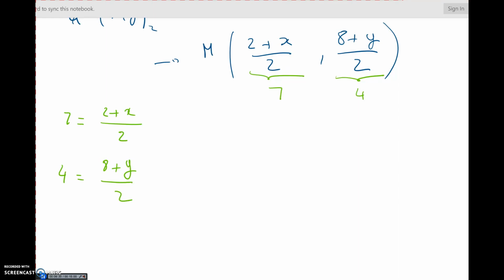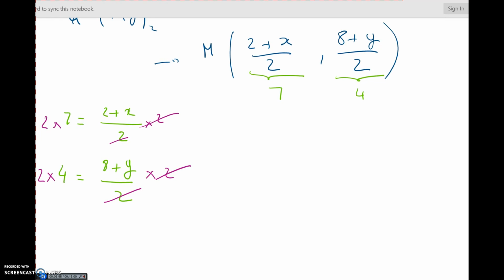If you want x and y standing by themselves, because this is what you are looking for, you multiply both sides by 2. Like this, you can get rid of the 2 in the denominator.